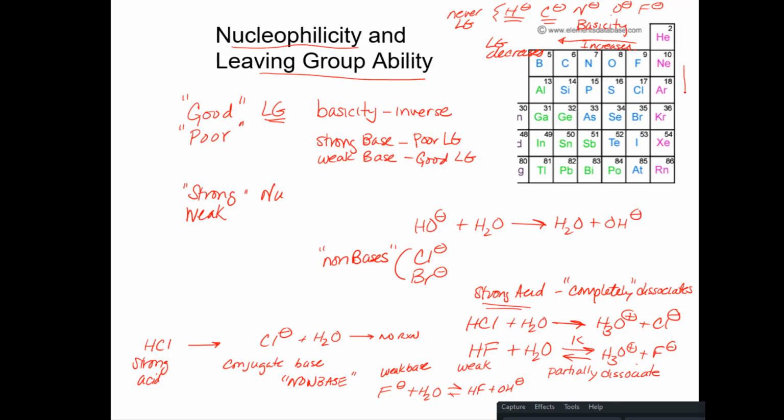Well, if you go down the periodic table, what happens to acidity? Acid strength does what? It increases, right? HBr is a stronger acid than HCl, which is a stronger acid than HF. You might say, really? Or HI is even stronger than HBr.